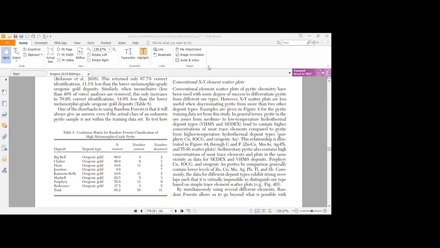But the problem is how do you know whether the validation data set is a subgroup of your training and test data set? Because if the validation data set comes out of that, then it could not be applied.